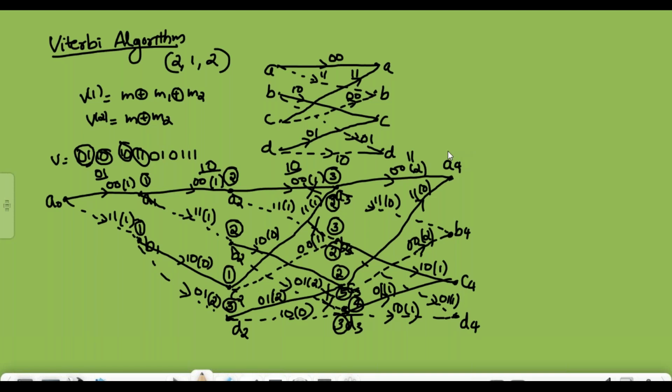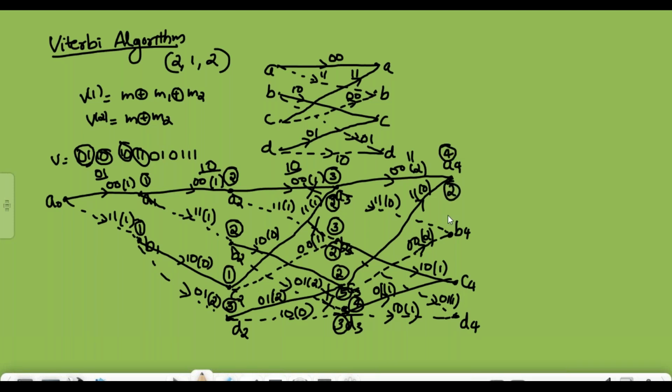Then here 2, it is 4. It is 2. Then here 1, 3. Then the lower one here, 3 plus 1, 4. Here it is 2 plus 0, 2. That gives the path metric associated with each path.